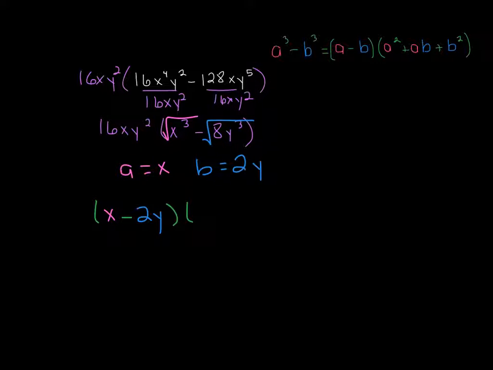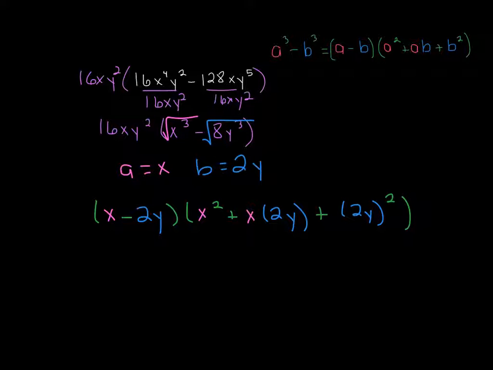And then we have A again, which is x squared, plus A times B, plus B squared. And again, make sure that 2y's in parentheses so that you square the whole thing, not just the y.